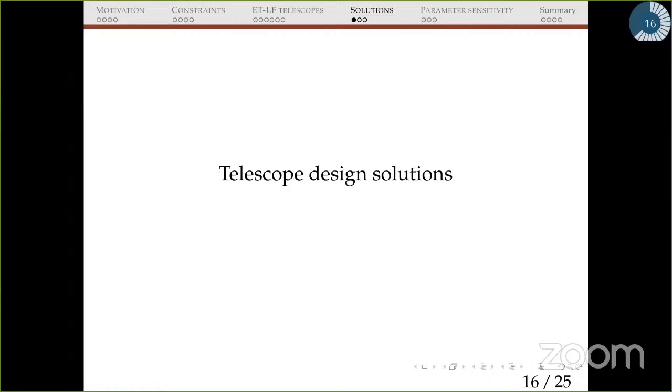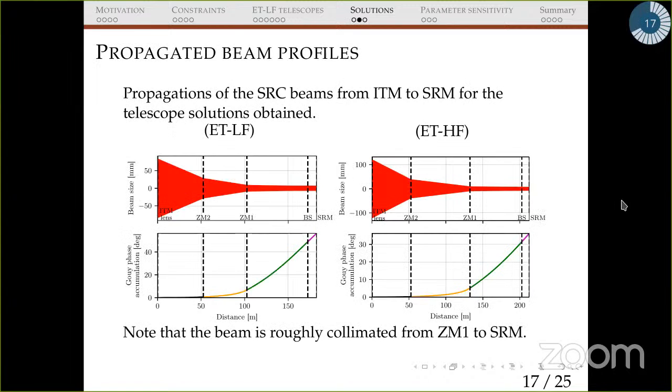So now I'll go into some of the details of the solutions for both ETLF and HF. This slide shows plots of the beam propagated through the SRC from the ITM to the SRM, and in both cases, the important thing to note is that from the first telescope mirror to the signal recycling mirror, the beam is approximately collimated.